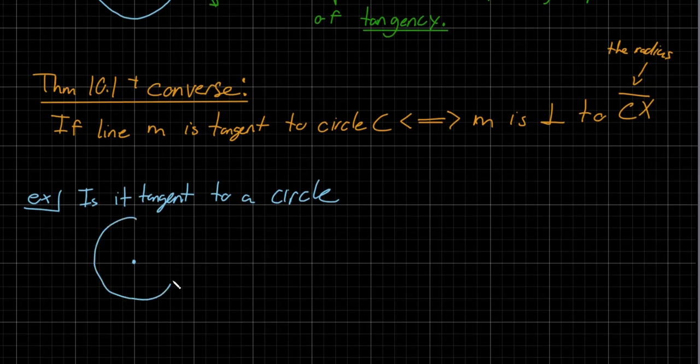We have a circle, somewhat of a circle. Let's call the middle of this K. And I'm going to draw my radius from K out to about here. Let's have the radius be 20.